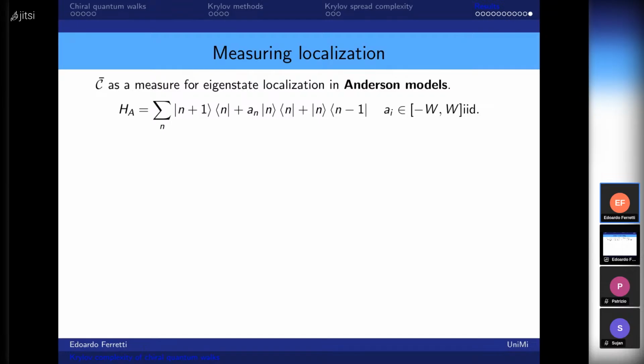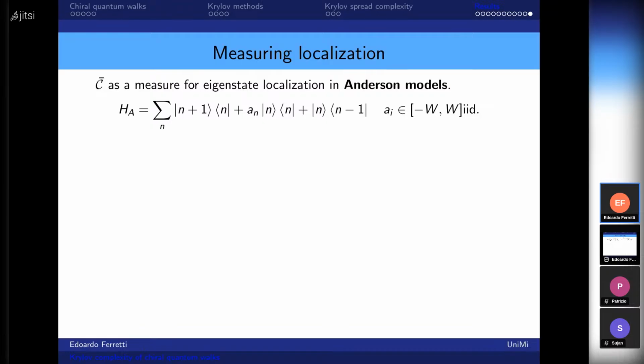This is, for example, the case in this model, which is the Anderson model. It postulates a chain. It is a tight-binding model. So it's just a chain with some hopping amplitude between sites and some on-site energies which are random, uniformly sampled from this interval where W is called the disorder of the system.